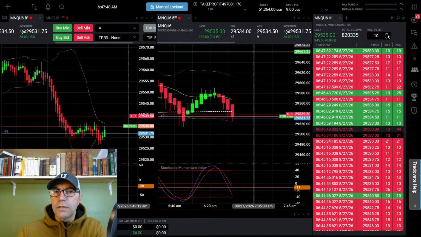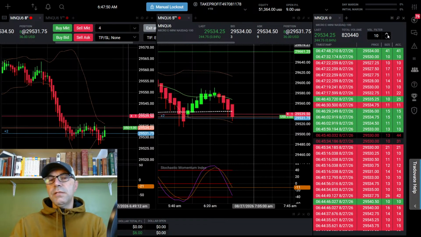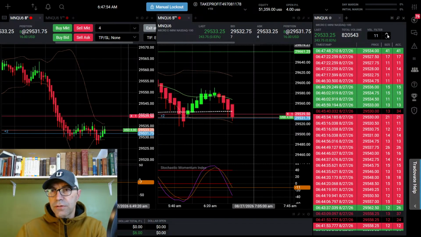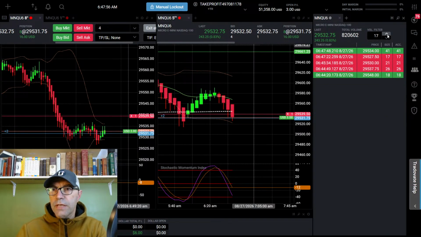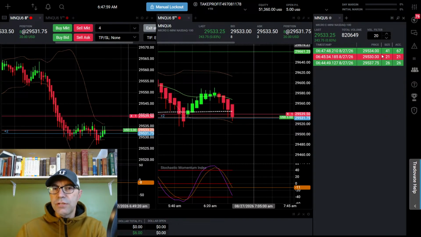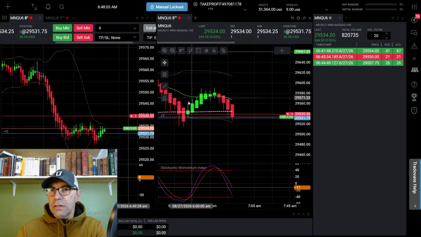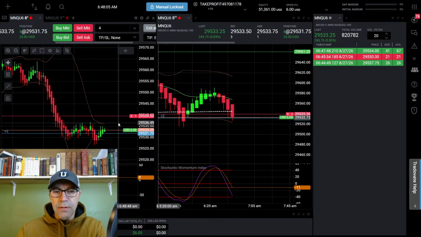What that does is basically helps you filter out the retail traders. So if we go all the way up to, let's say, 20 orders, that shows you where the big blocks of orders came in and registered on the tape.